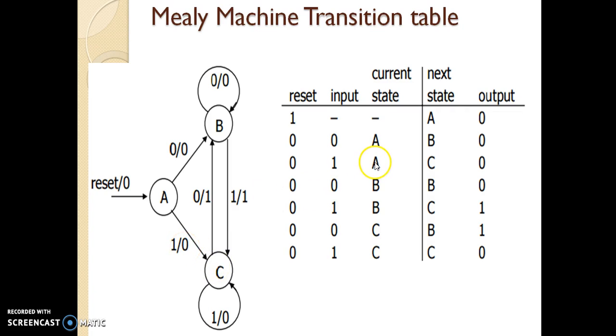So, which is represented here, current state A with input 1 moves to state C with output 0. Same transition table is represented for all the states A, B and C. You can see all movements have input and outputs associated with each other.